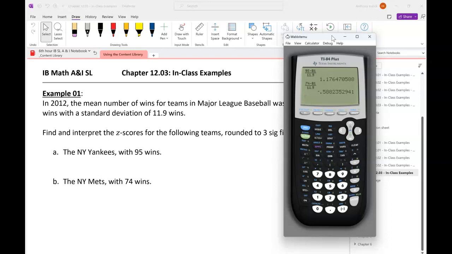Does that make sense to everybody? Oftentimes this is a good comparison if you're comparing two pieces of data that were collected under different circumstances. So if you took test version A and test version B, and you want to say who did better on their test, you can convert your scores to z-scores and then compare.